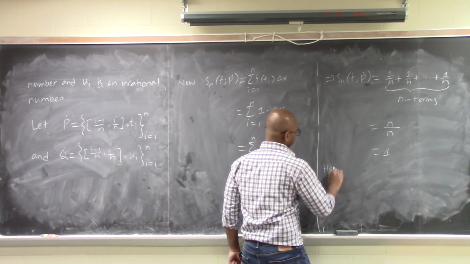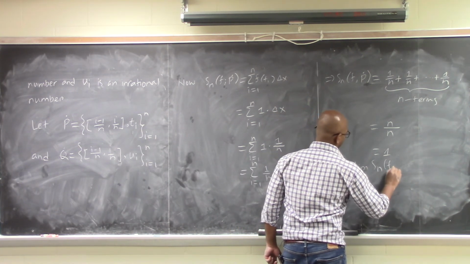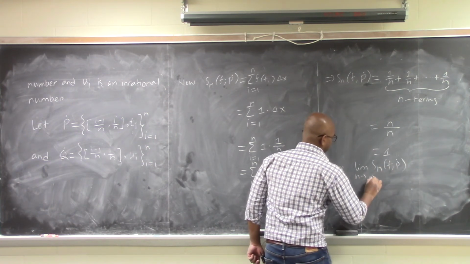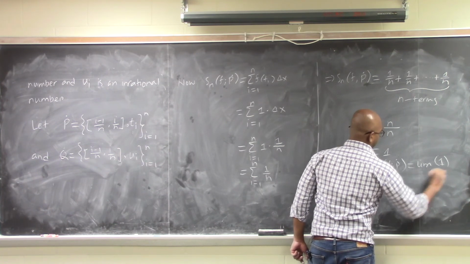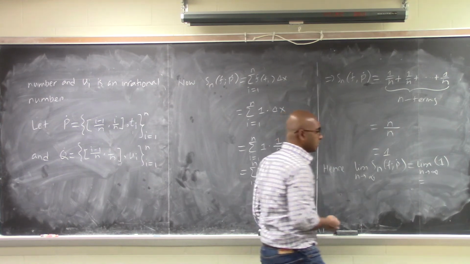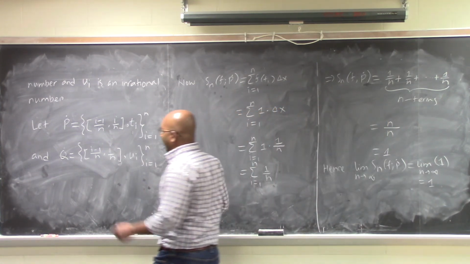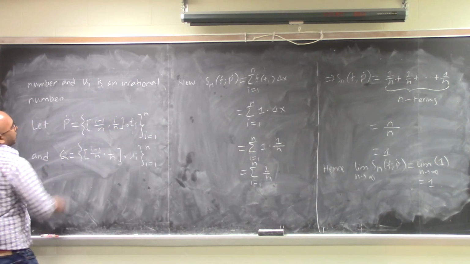Hence, the limit of this Riemann sum as n approaches infinity is just the limit of 1 as n approaches infinity, but 1 is a constant, so this limit is 1. And now we'll do the same thing with this tagged partition Q dot.